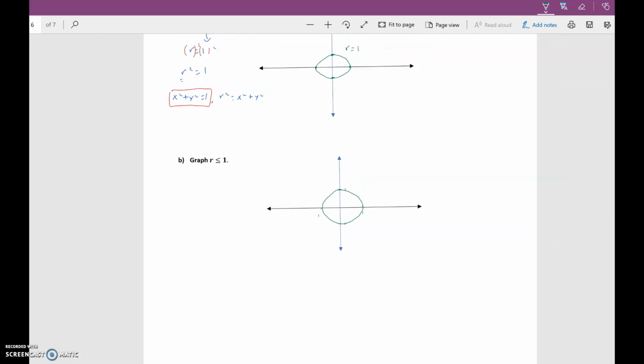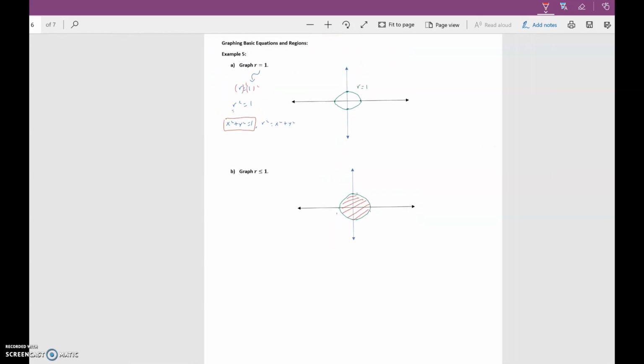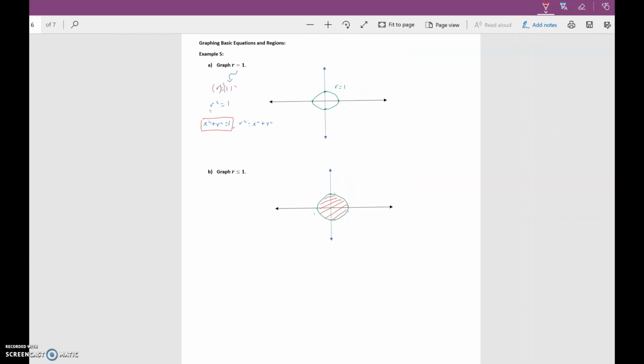The region they're talking about is less than or equal to 1, so we're going to be shading all coordinate points inside of the circle. That would be it for part B. So problem A, just a circle, radius 1. B, it's an actual inequality, everything inside of the circle.